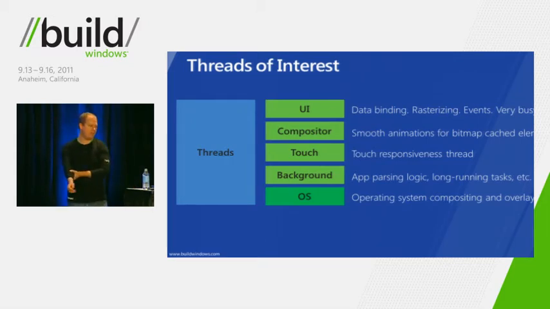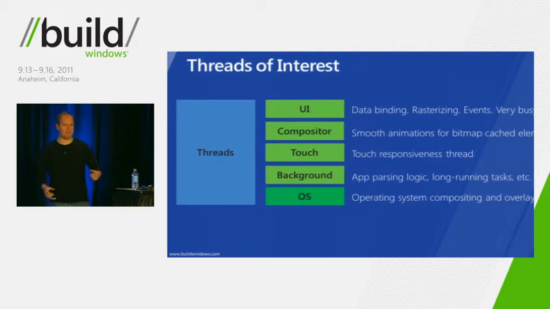The UI thread is the big guy that handles OS messages, talks to the operating system, talks to the network stack at some point, and handles all your data binding. It really does all the magical work. So that guy is what you really can't improve too much. If you can move something off the UI thread into a background thread, that's a win. But of course, data binding, rasterizing images, all these things happen on that thread no matter what.